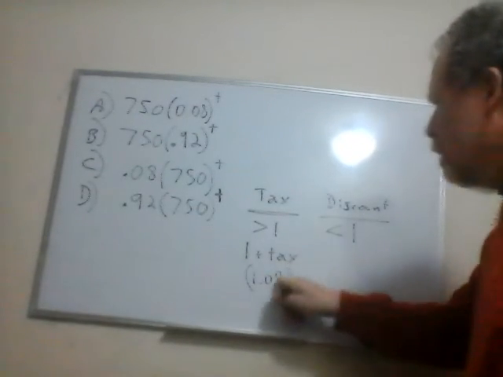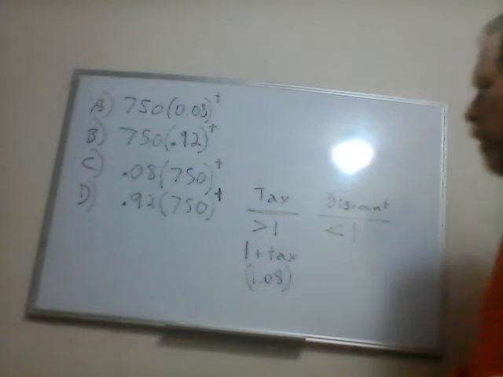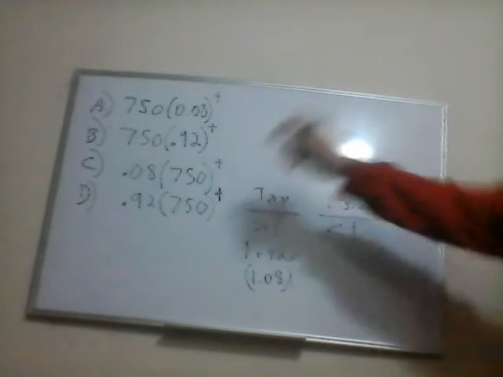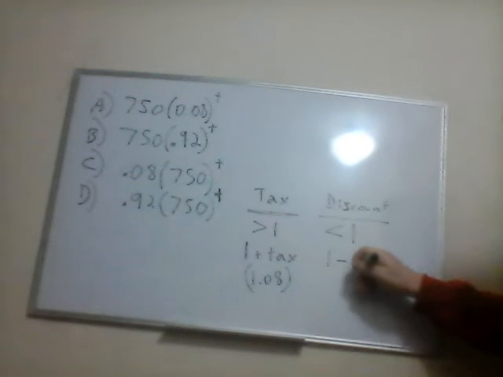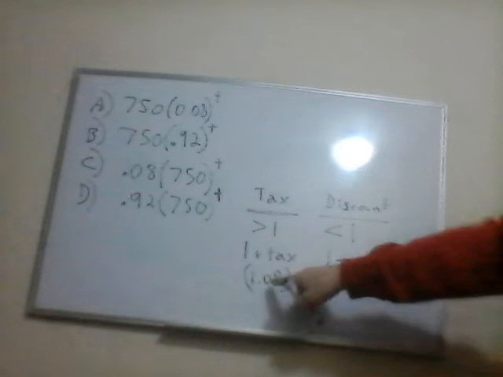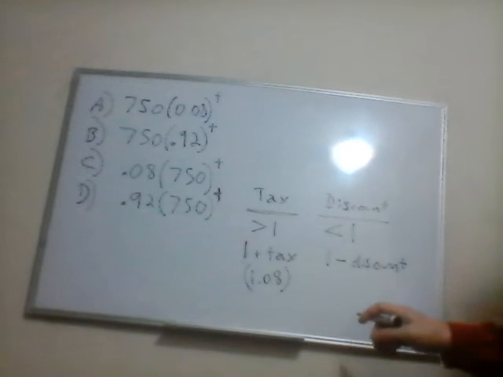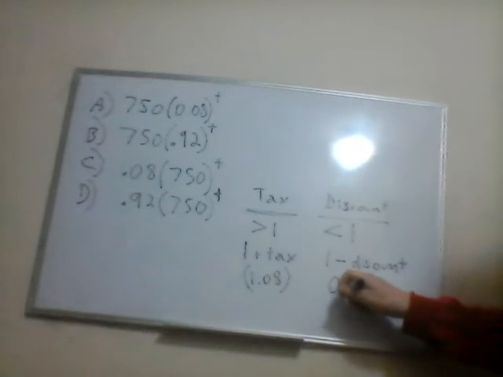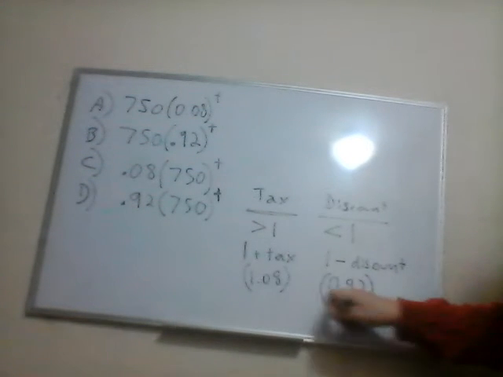That would be our multiple if the amount of the material is increasing every year. In the actual problem, which is similar to our universe, we take 1 and we subtract the discount from it. So instead of adding 8% to 1, we subtract 0.08 from 1, and we get 0.92. That should be our discount multiple.